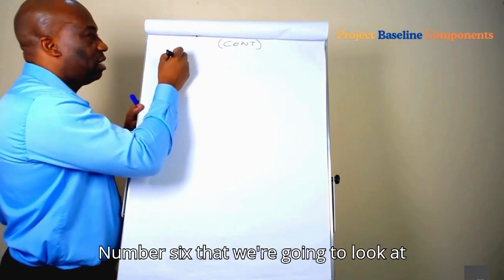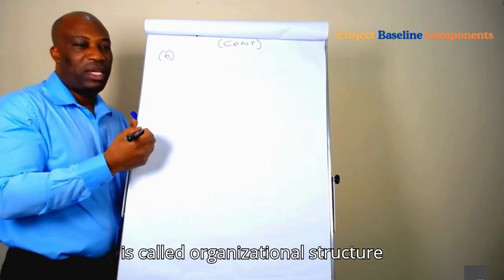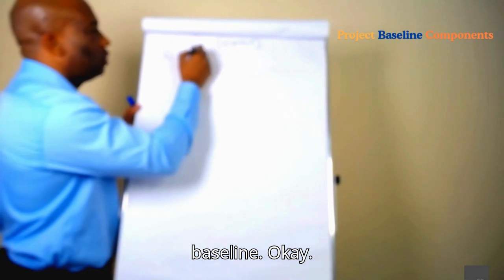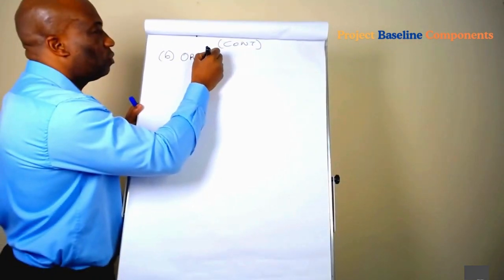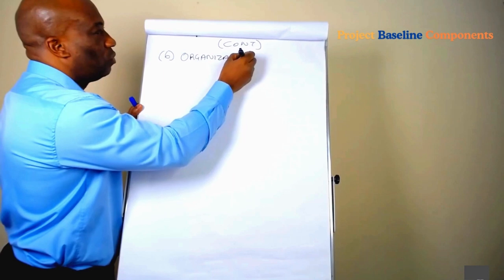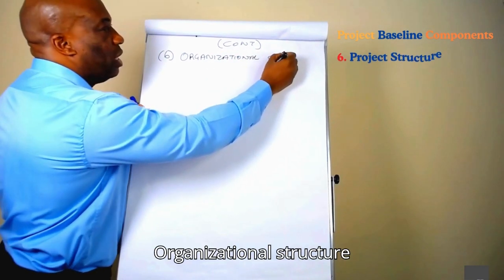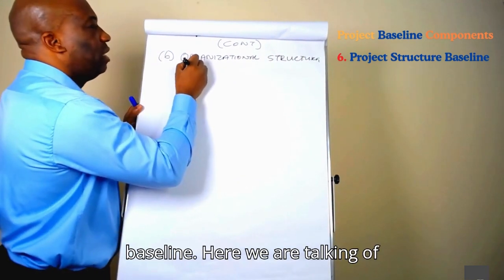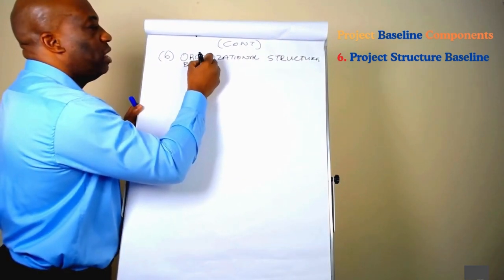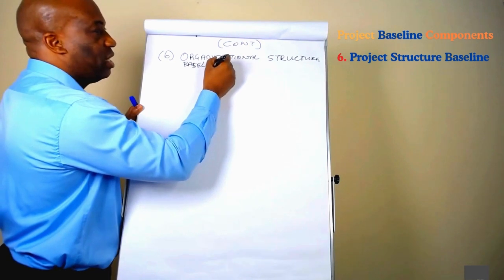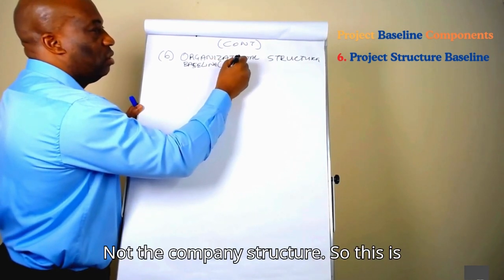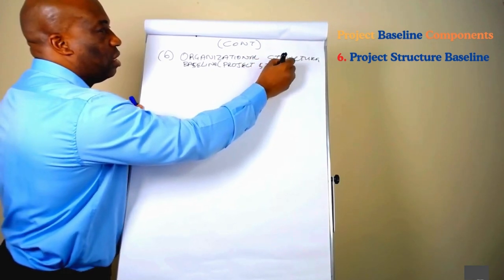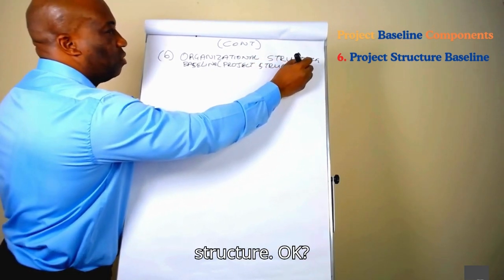Number 6 that we're going to look at is called organizational structure baseline. Here we are talking of the project structure, not the company structure. So this is project structure. Okay.